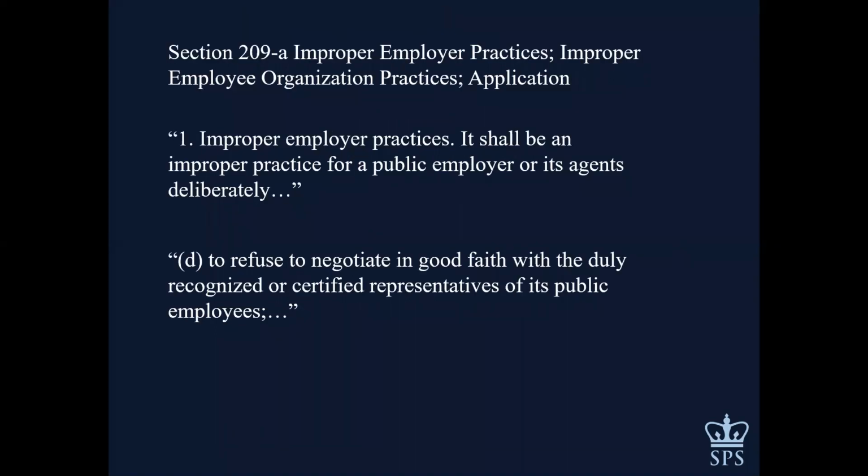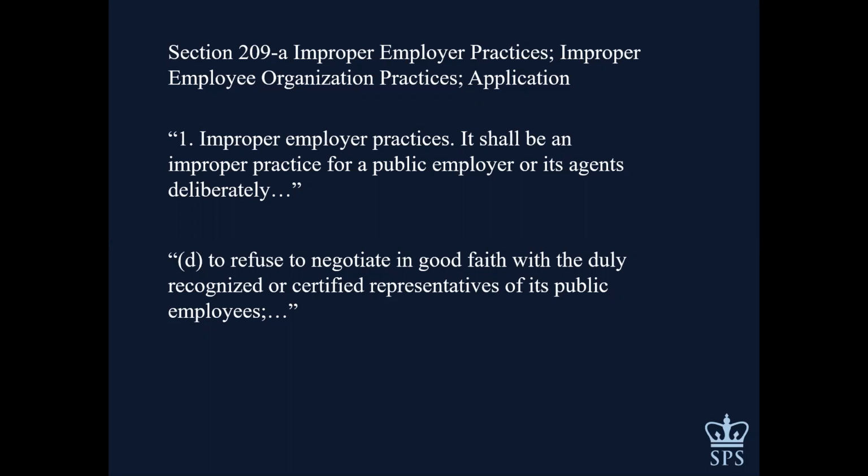Okay. One more part of the statute that's worth looking at is the statute that defines what an improper practice is. Very simple. An improper practice means you're violating the Taylor law. So if there's something in the Taylor law that you should be doing or shouldn't be doing, and you don't do it, then you are committing an improper practice, and parties can petition PERB to try to resolve the issue.